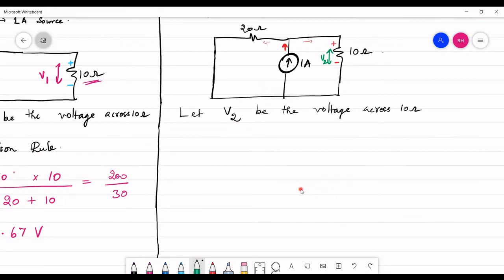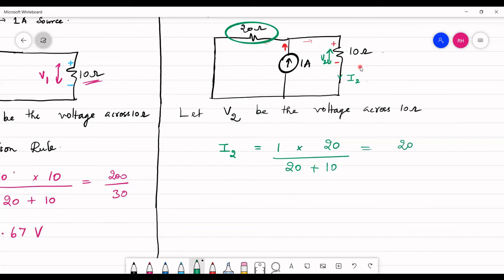And now here I have a current source and current is being divided, right? So let this value of current be I2. Now I calculate I2, which is equal to source current, which is 1 ampere, times the other branch resistance. So other branch resistance is 20, and current is being divided in these two resistors, so the sum of the resistance along which the current is divided is 20 plus 10.